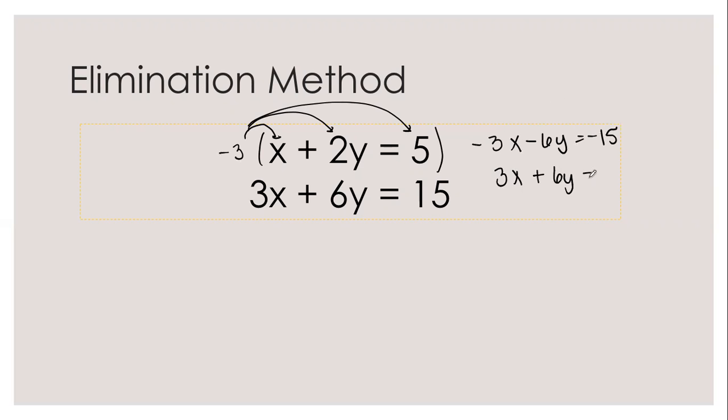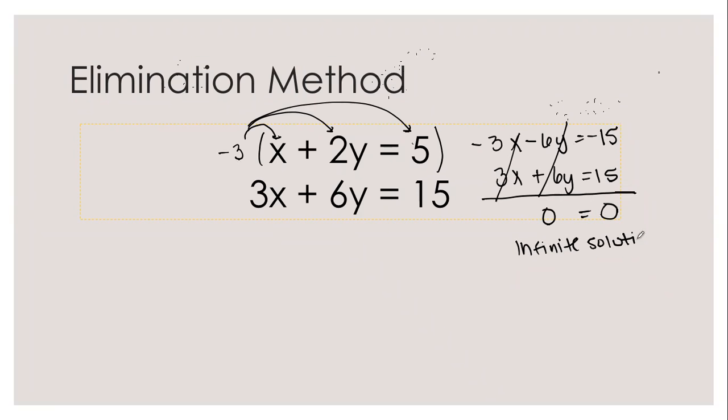So I'm going to rewrite this, and when I combine these, negative 3x plus 3x is 0, negative 6y plus 6y is 0, and then negative 15 plus 15 is 0. Well, does 0 equal 0? Yes. So that means this has infinite solutions, because that's a true statement. 0 does equal 0. And if you graph both of these, you'll notice it's the same exact line.